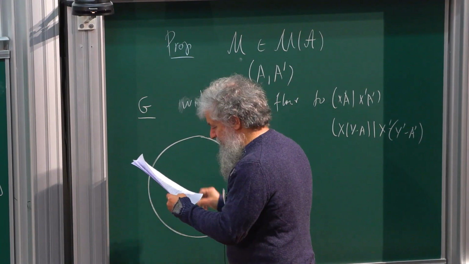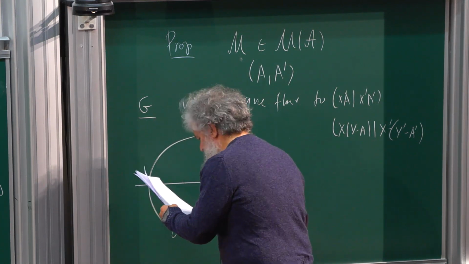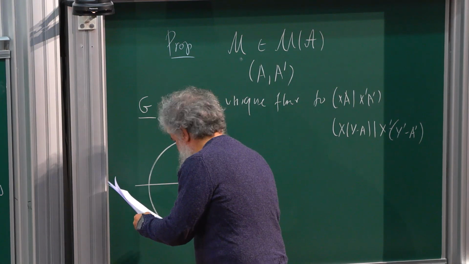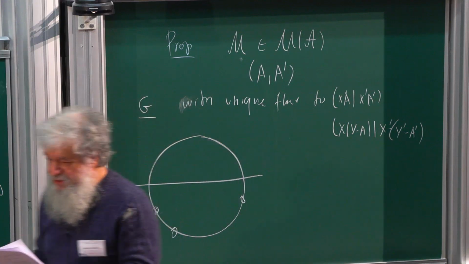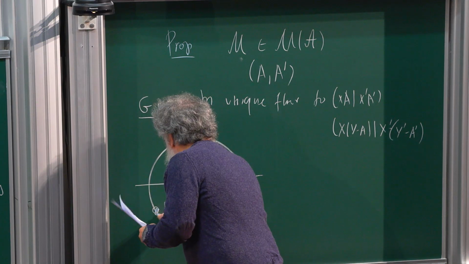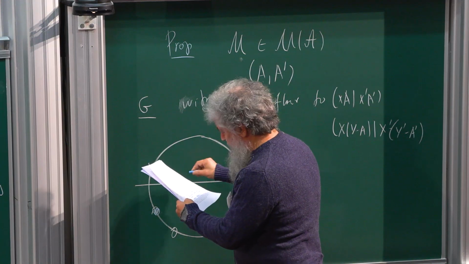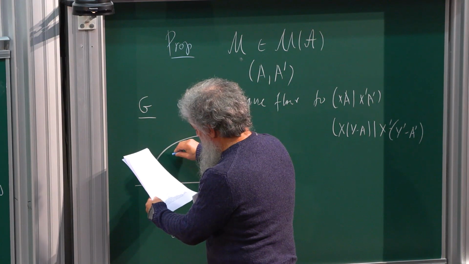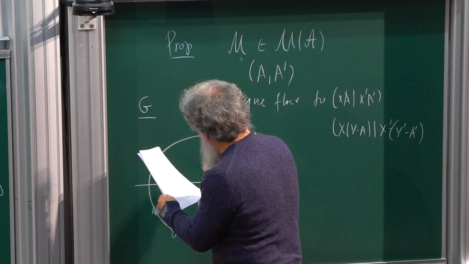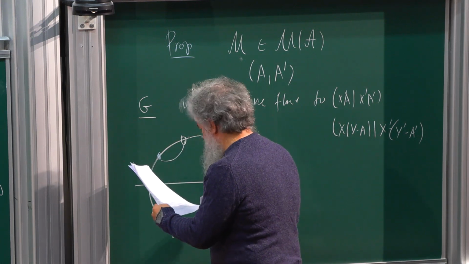So we have a circle, and we split it: white vertices here, and black vertices, black here, and white here, and suppose we have the following matching.